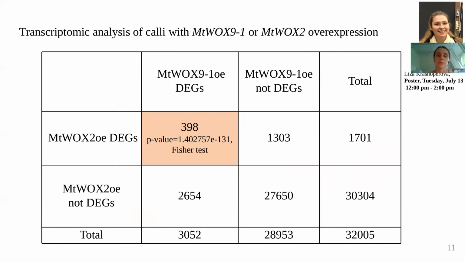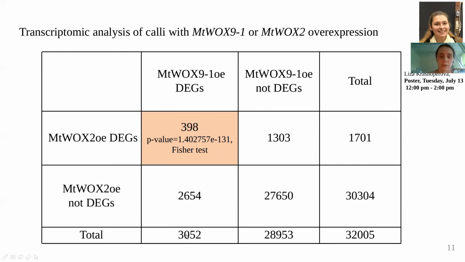We performed transcriptomic analysis of calli with VOX91 or VOX2 overexpression, and we found rather a lot of differentially expressed genes in both cases.